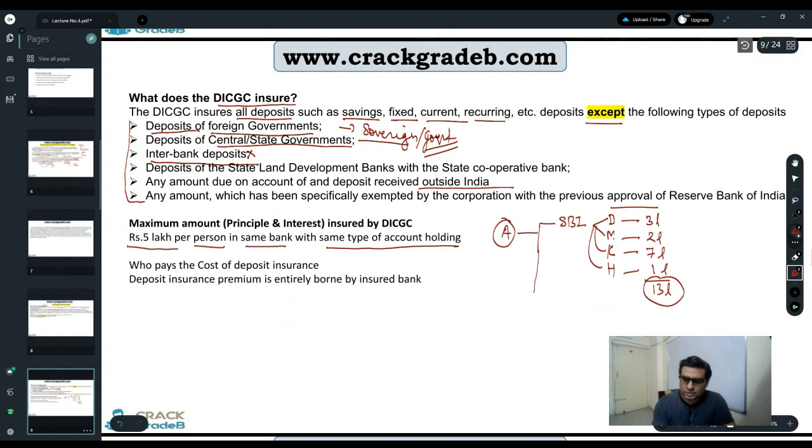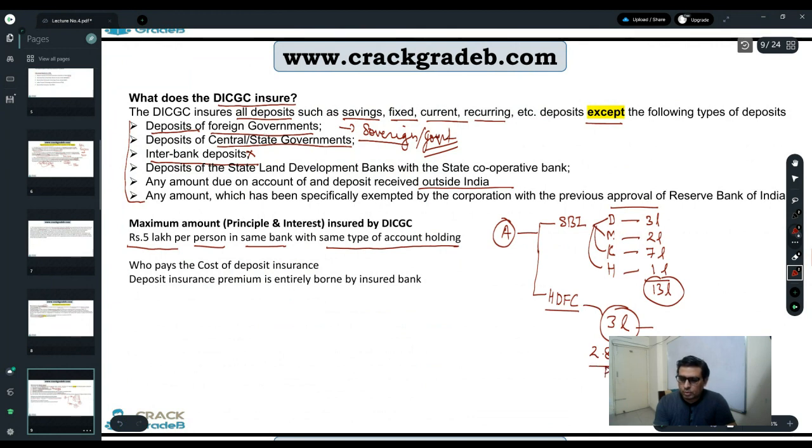But suppose he also has an account in HDFC Bank of 3 lakh. This amount will be insured separately. Another thing, suppose initially he had only 2.8 lakh and he earned interest of 20,000 over time.